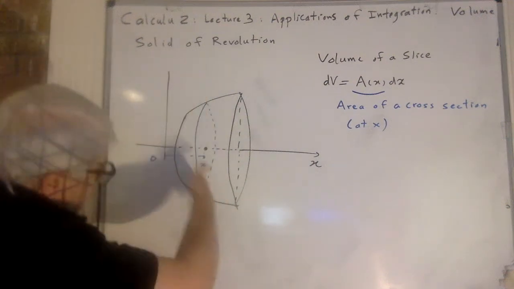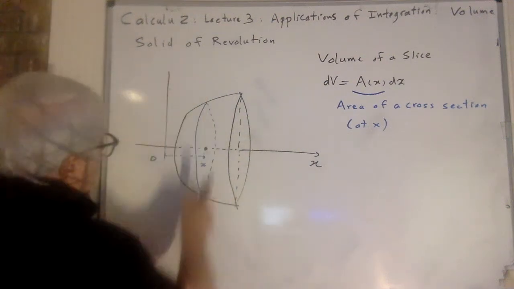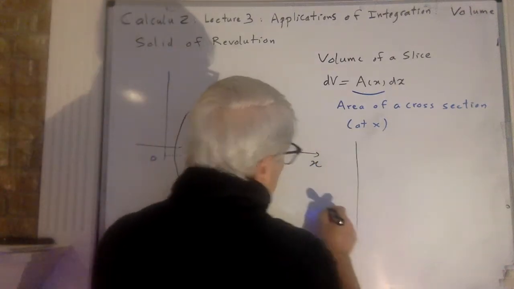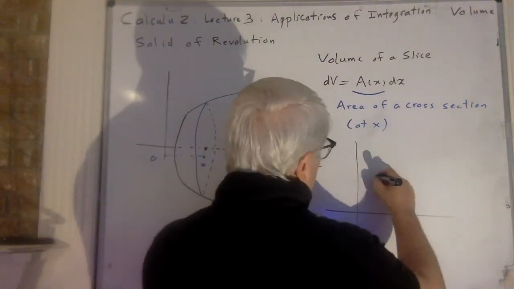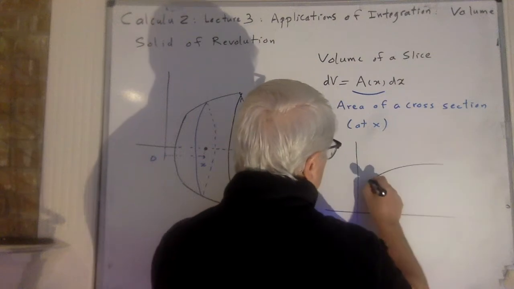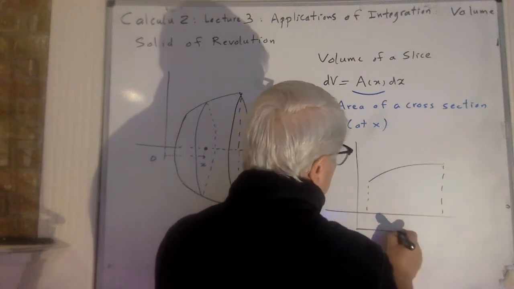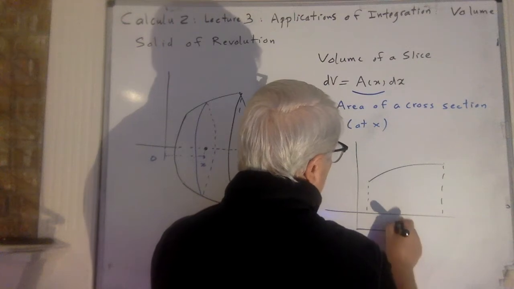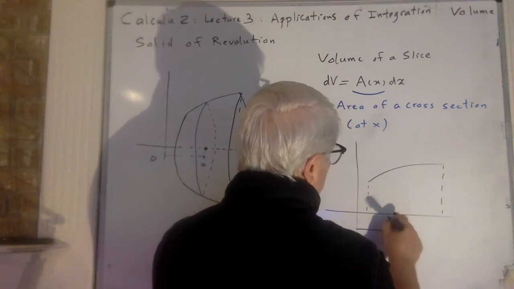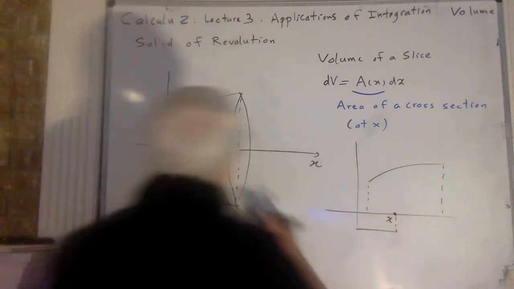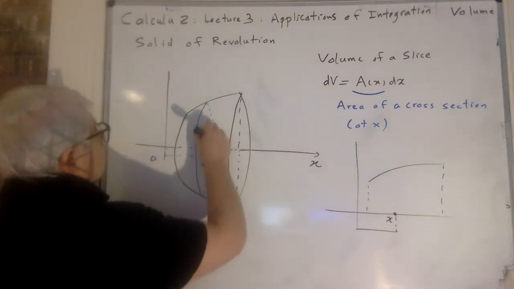So let's just look at this one from a different view. From here, I have this. This is point x. And the radius, if you look carefully, is in fact this.